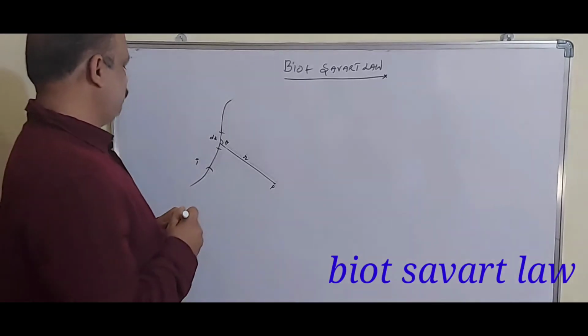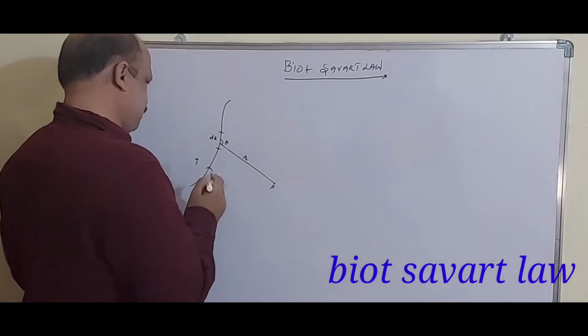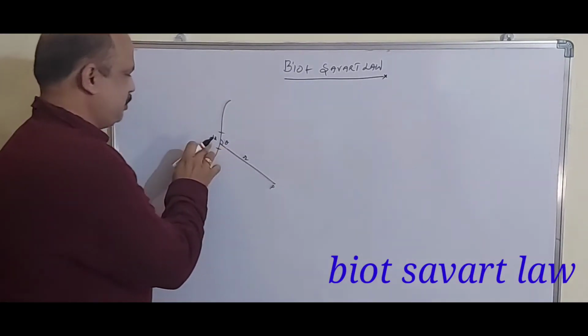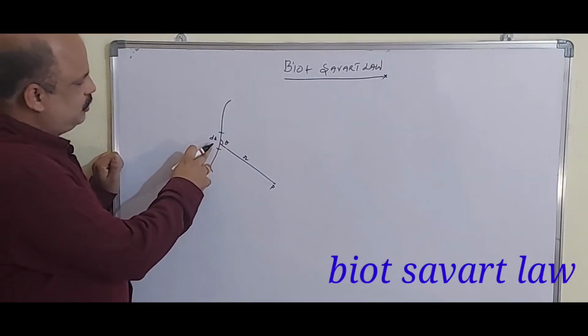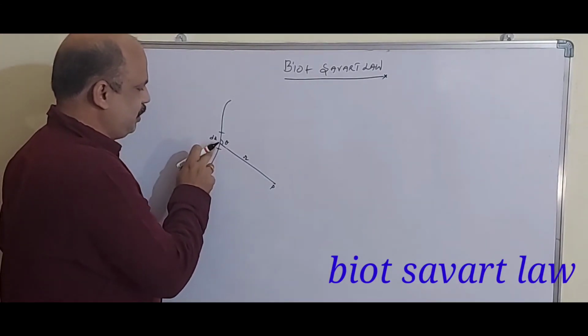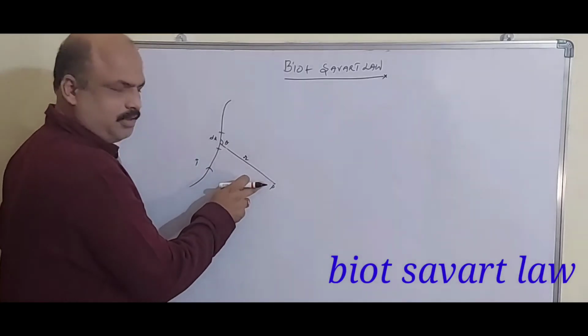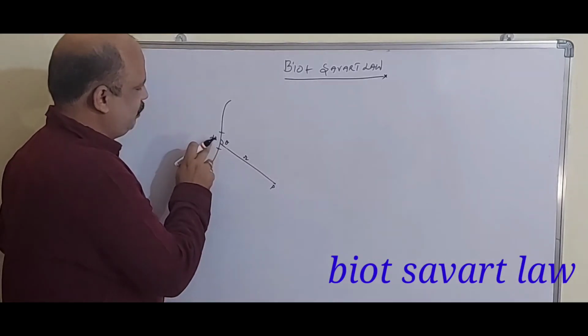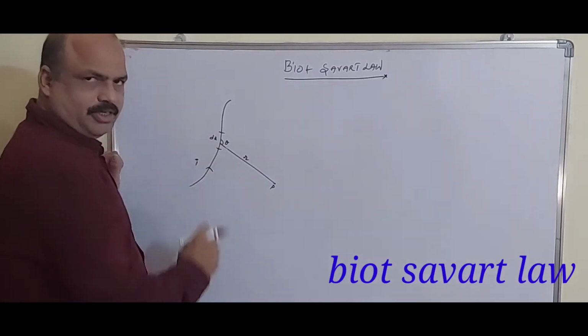So according to this law, let us consider this small element dl. This small element dl is at a distance r from the point P. Now the angle between this small element dl and r is theta.